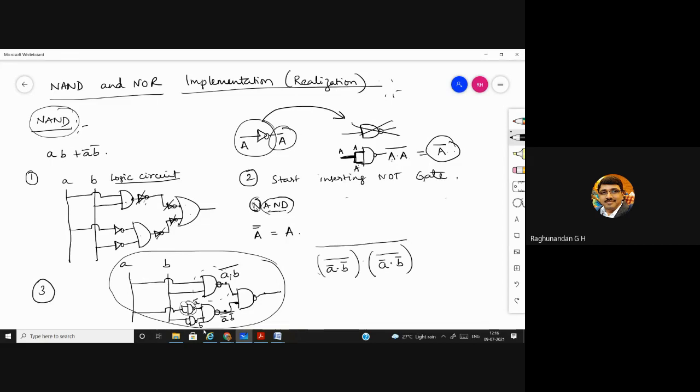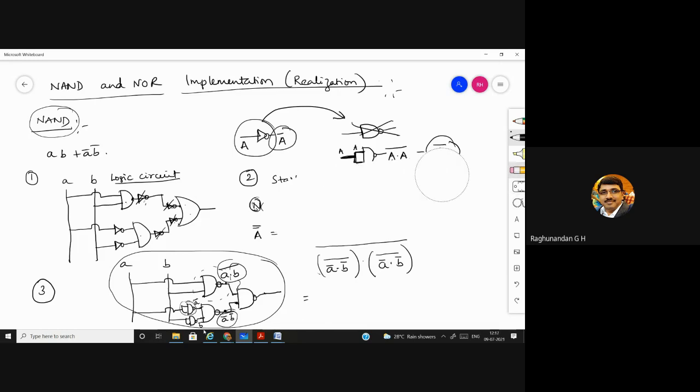Okay, any doubt here? You are getting this one. Again, this is going to act as one of the inputs. Since you know that the NAND operation is multiplication, it is going to multiply and take the complement. Okay.